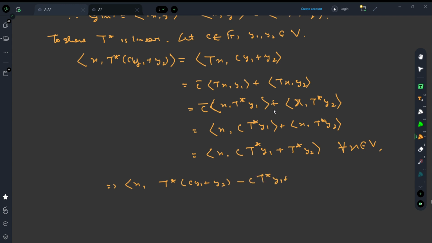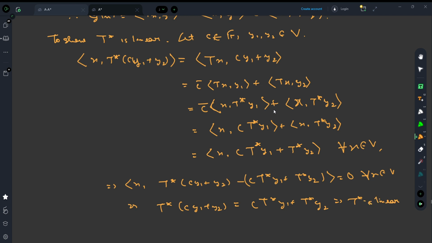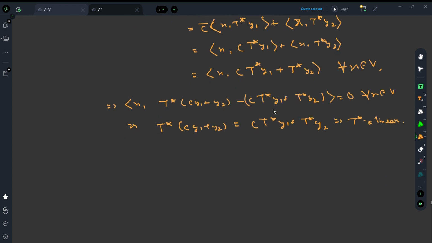Or you can also bring it to the left hand side, then combine the inner products to get the fact that the inner product of x with T star of c y1 plus y2 minus c times T star y1 plus T star y2 is 0, and this happens for all x in V. So this implies T star of c y1 plus y2 must be exactly equal to c times T star y1 plus T star y2, which implies T star is indeed a linear operator on V.